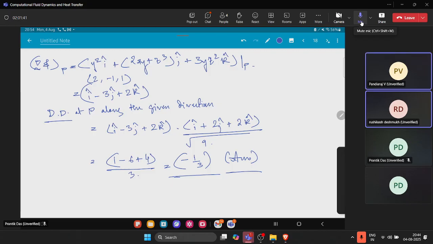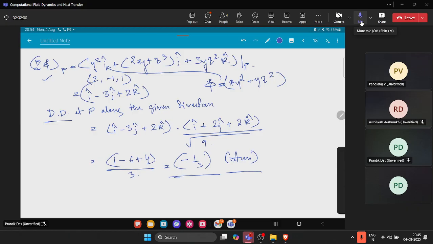So what I'm doing is basically finding out the gradient of phi itself. So phi is xy square plus yz cube. So this is gradient of phi along x direction. If I take the derivative with respect to x, it comes to be y squared I cap.